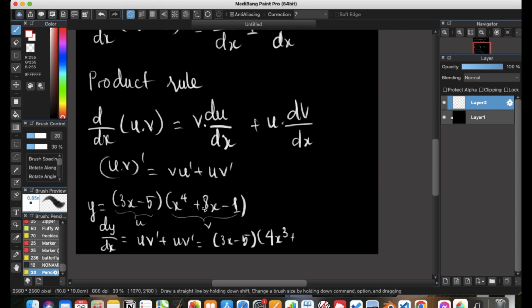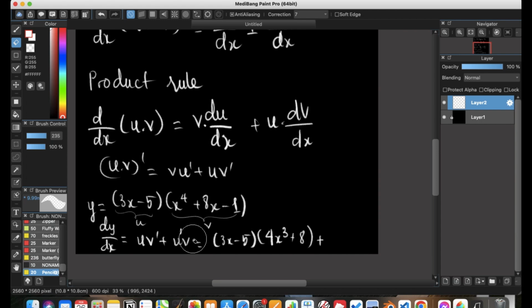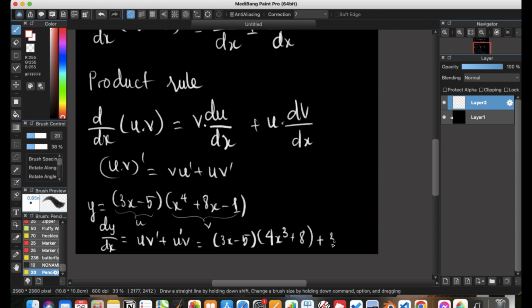Plus, so this is like the sum rule, 8, and plus the function. Oh, I'm sorry. That's a minor mistake. That's a big mistake right here. Here we're going to have 3 and multiply with this part.